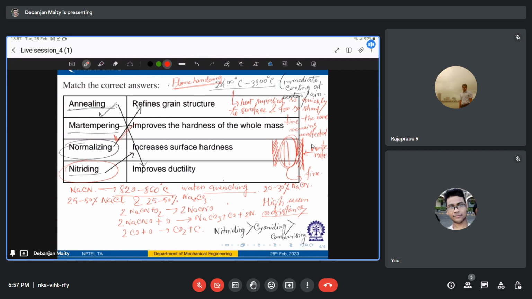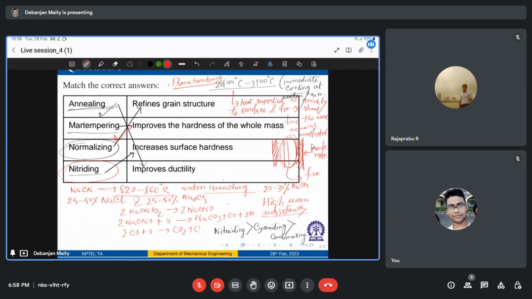So the basic mechanism is similar for these hardening processes. You heat up the material and then do some drastic quenching. What happens is the surface is heated to the austenitic range and then quenched immediately to form martensite. The structure of the core remains unchanged. For all these case hardening processes, the core structure remains unchanged because it is not affected by the heat.